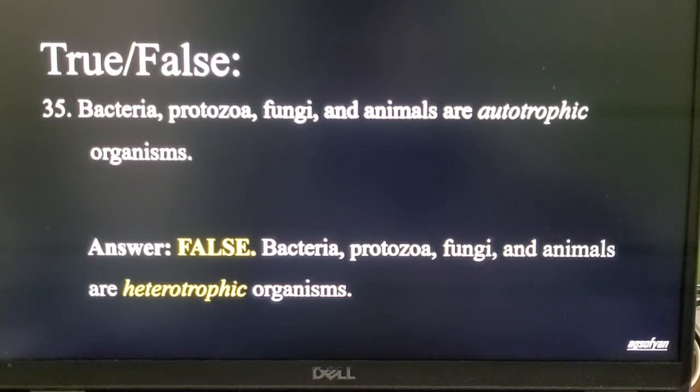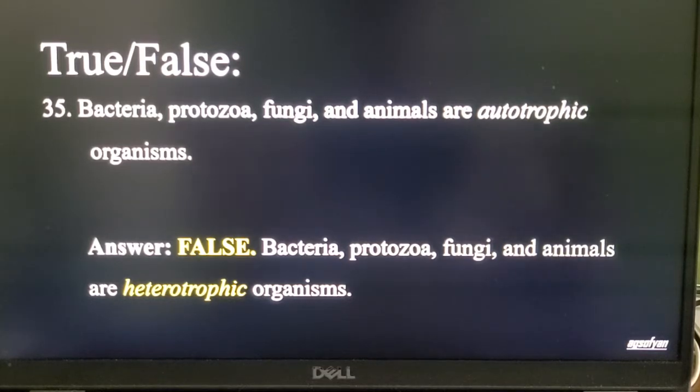Some protozoa, like animals, are able to eat other smaller organisms. Fungi absorb nutrients from dead living materials, so you usually see fungi living on the dead bark of a tree, for example. They cannot make their own food. They are not autotrophs. Animals eat other organisms in order to take in food or nutrient.